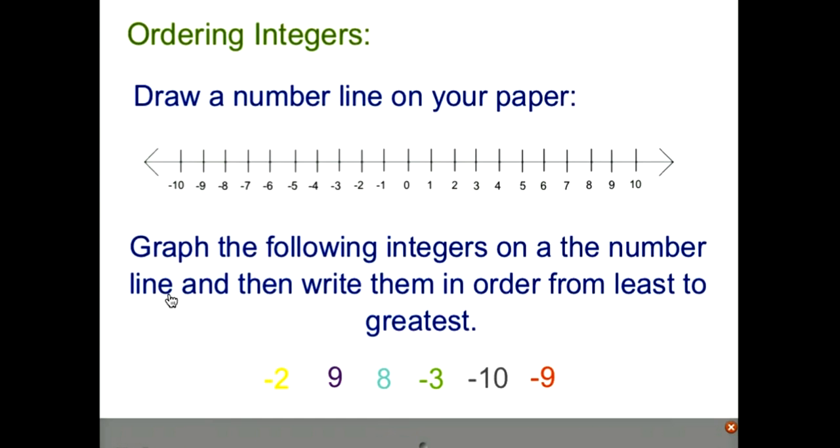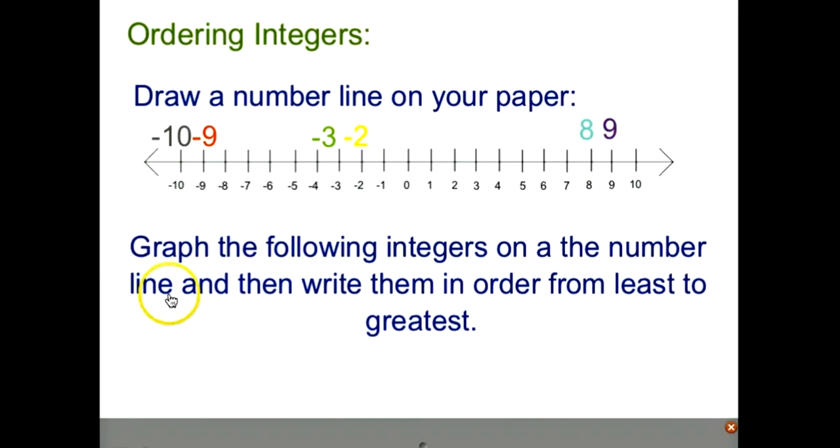So I'm going to put my -2 on my -2, my 9 on my 9, 8 on 8, -3 on -3, -10 at -10, and -9 at -9.